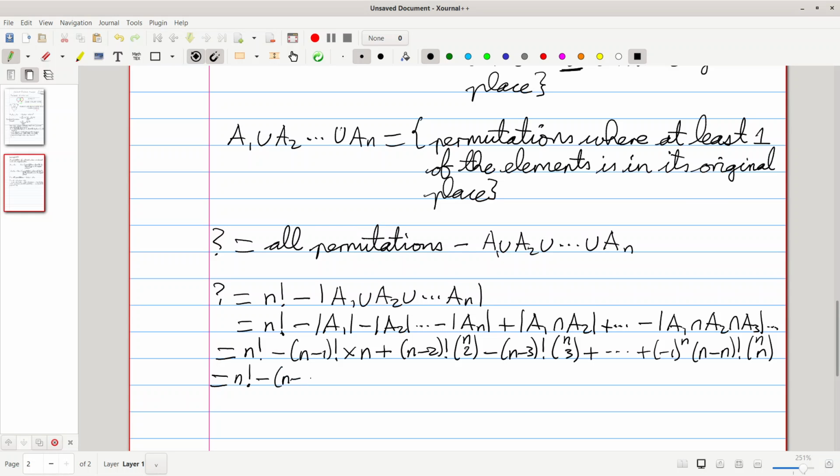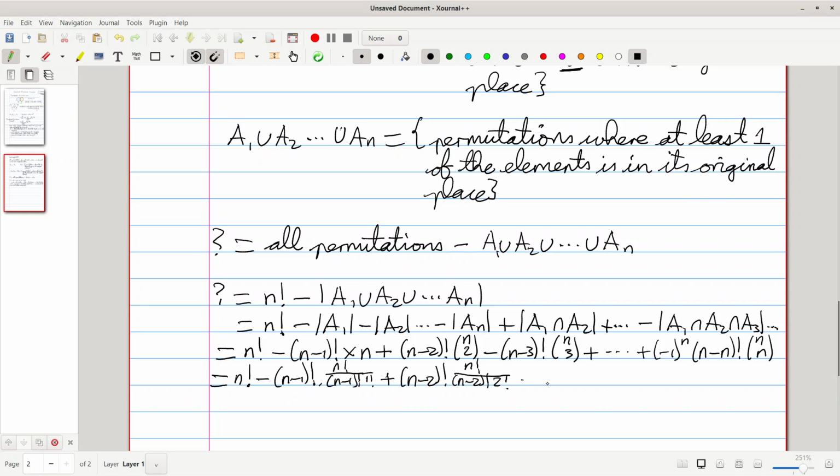That's n minus 1 factorial times this n, I'm going to write as n factorial over n minus 1 factorial times 1 factorial. And this other one, this n choose 2, I'm going to write out in terms of factorials. So that's n factorial over n minus 2 factorial times 2 factorial.